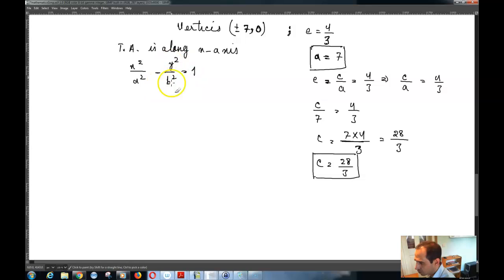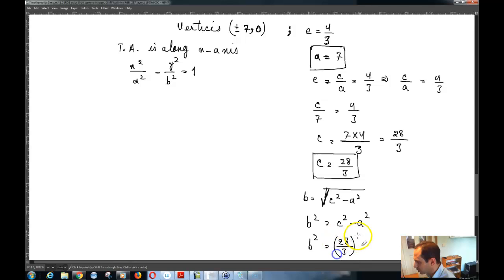Now I need to calculate my b. I know that b squared is equal to c squared minus a squared. To calculate b, I can write b squared is equal to 28/3 whole squared minus a squared, which is 49.